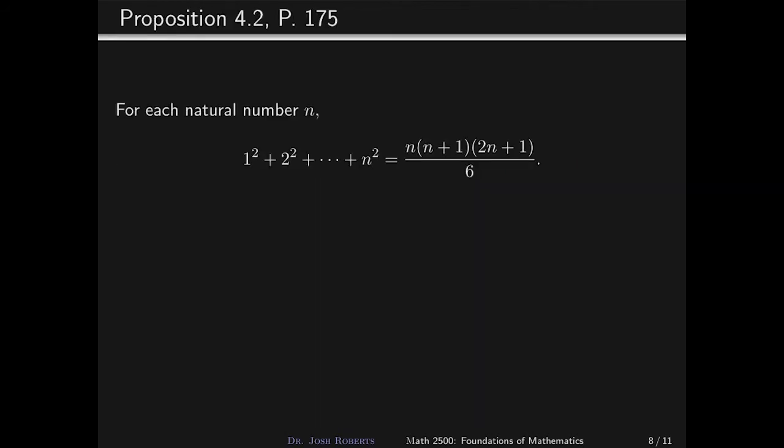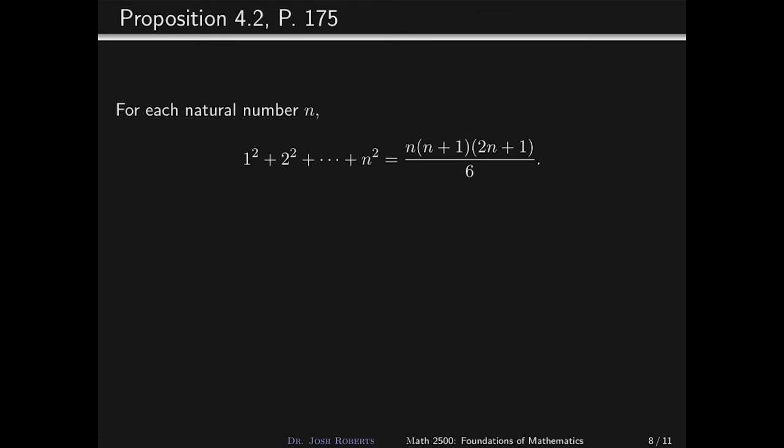So let's do the first example. For each natural number n, 1 squared plus 2 squared plus, out to n squared, is equal to n times n plus 1 times 2n plus 1, all over 6. Now, first of all, why is this a candidate for mathematical induction?